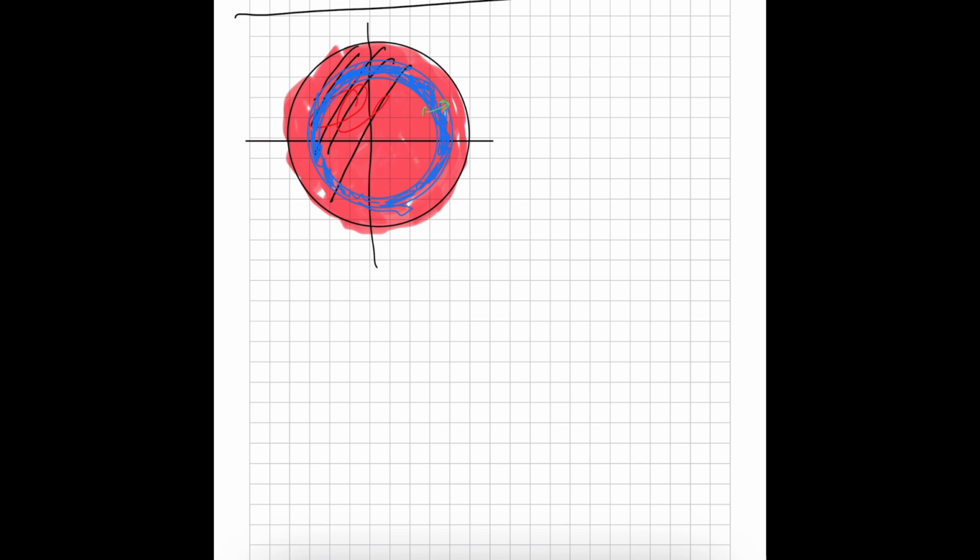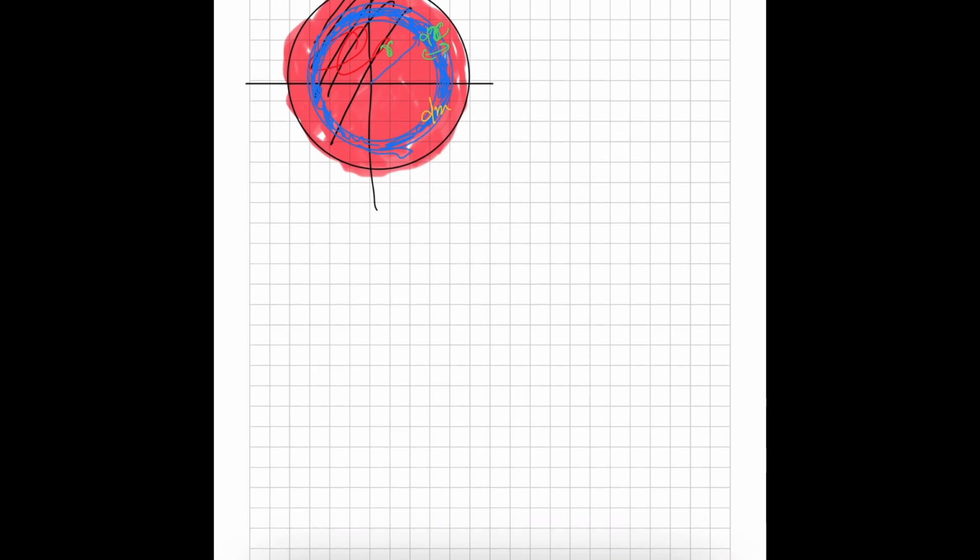Say the width of the ring is dr, and this is r, and the mass this ring element is having with respect to this disk is small dm.